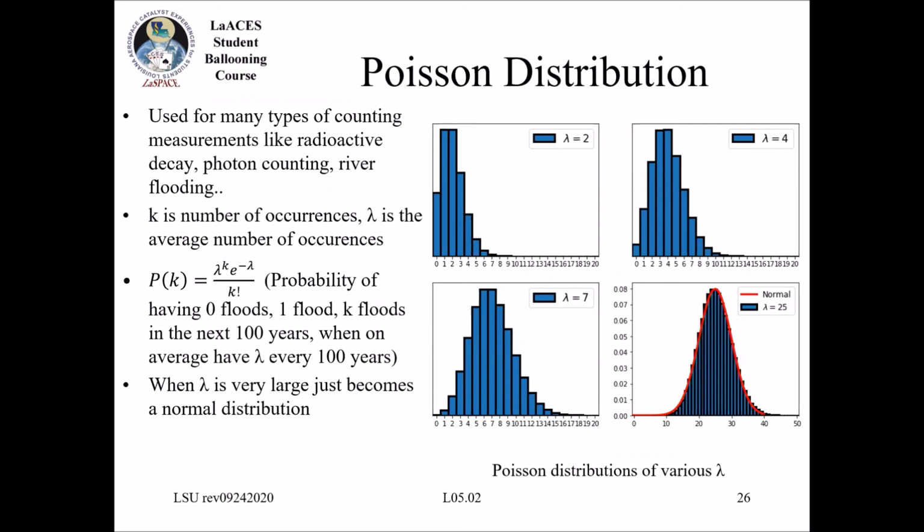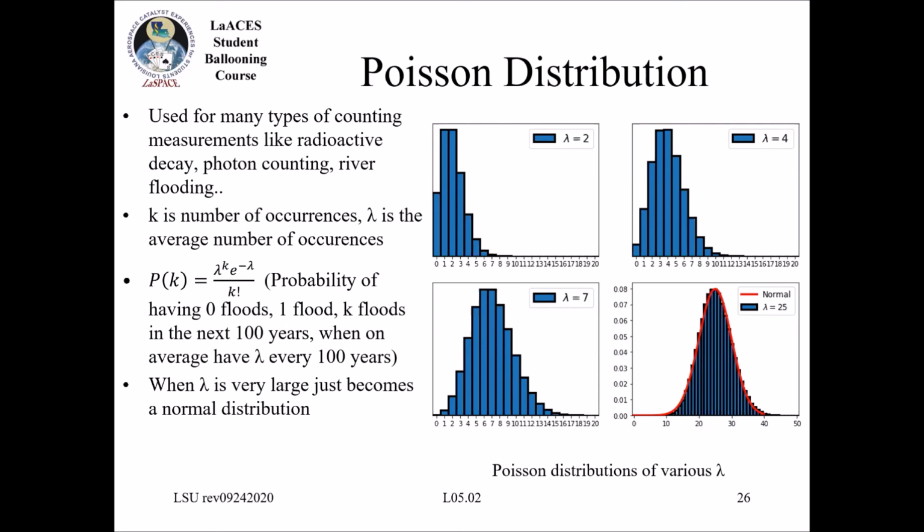Basically, this is for some sort of counting process of events that happen at a random rate, but over a long period of time they average out to a certain rate.